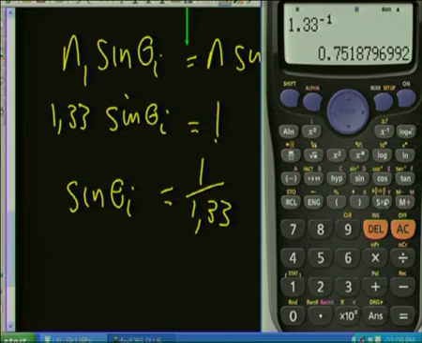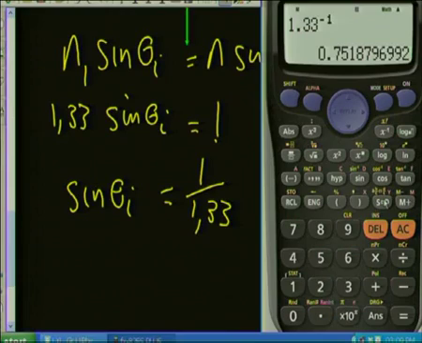You could obviously then, if this was part of a bigger calculation, multiply by the numerator and so on. But in our case, we now need to recognize that sine of the incident angle is going to be 0,75187.